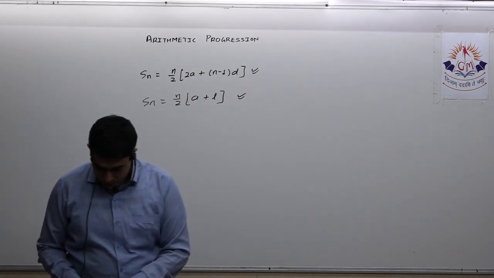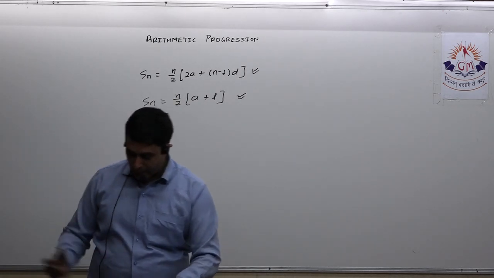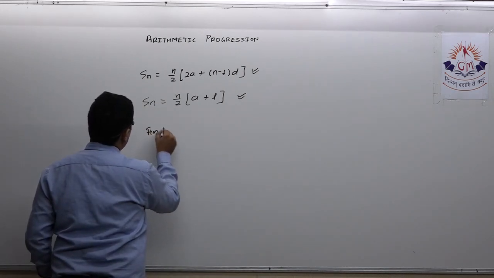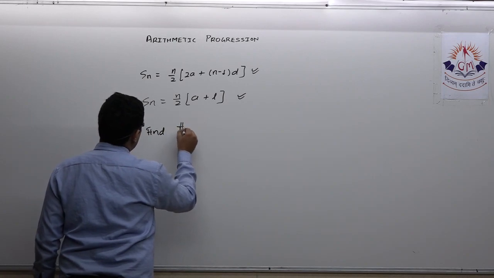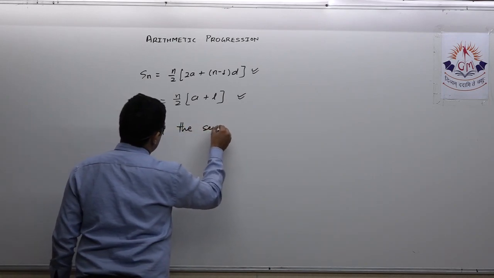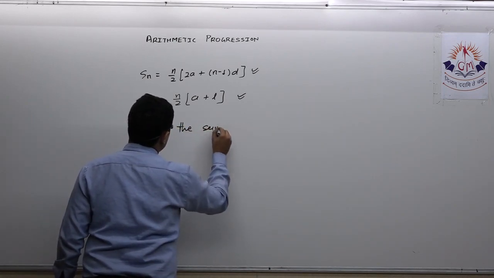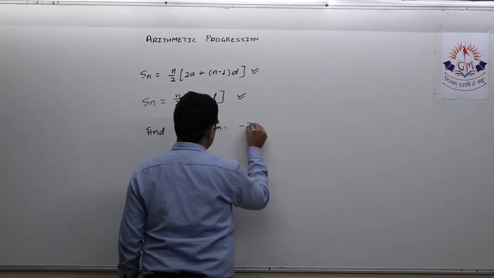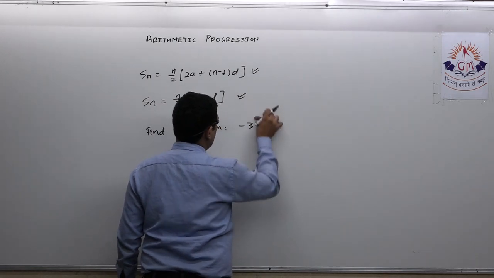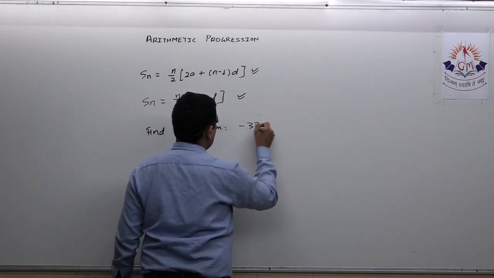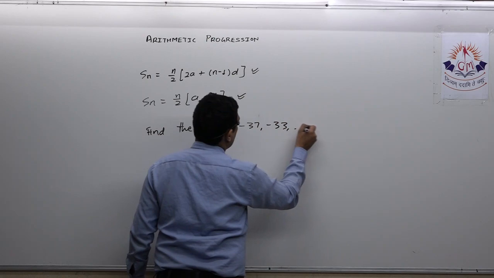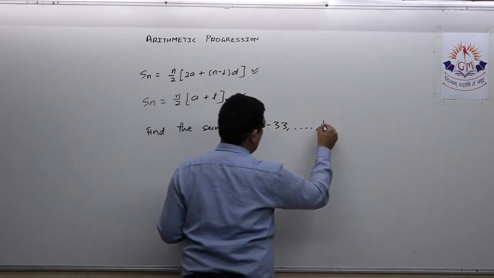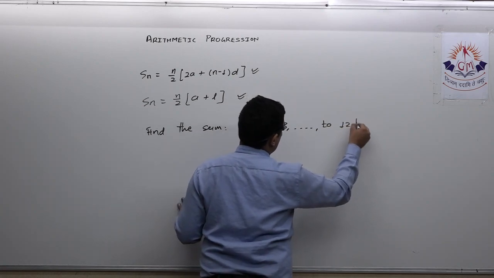Okay, so next, suppose an AP is given, simply find the sum. Now the same question can be asked: find the sum of minus 37, minus 33, dot dot dot, and finally at the end it is given 12 terms.